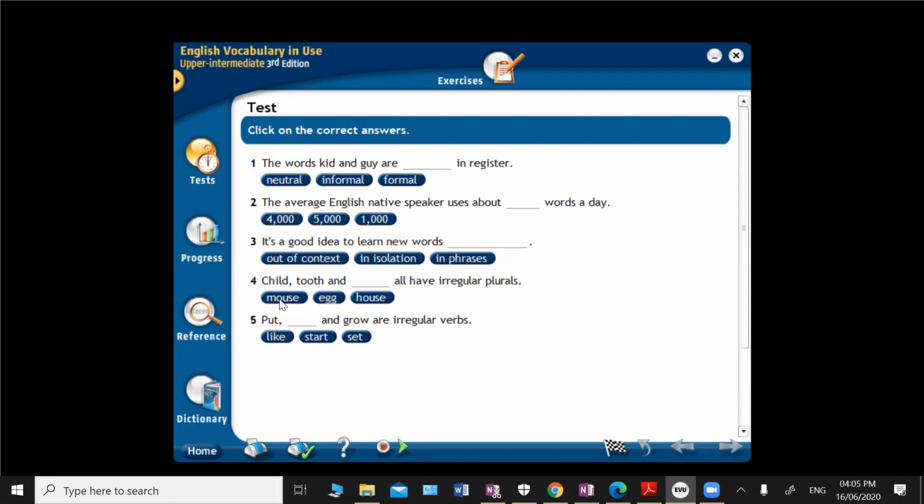Number 5, put and grow are irregular verbs. Put, like, start, set, and grow, set. Okay, someone says set. So we will see now. Okay, we'll check our answers here.